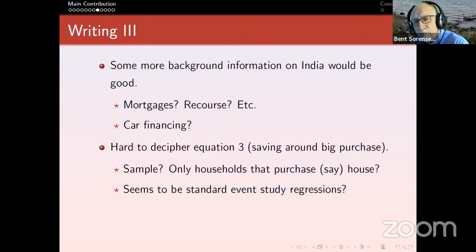Like, what is the role of mortgages in India? I think that gets to what's the most interesting part of the paper.